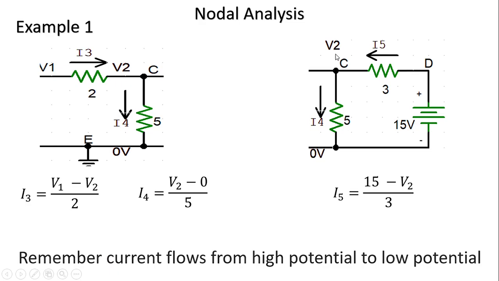So we can write the expression for I5 as one side is 15, the other side is V2, so (15 minus V2) by 3, because current flows from high potential to low potential.